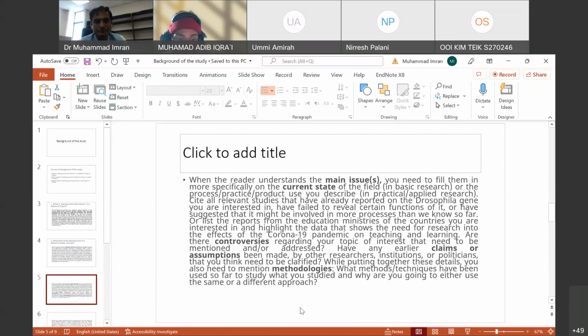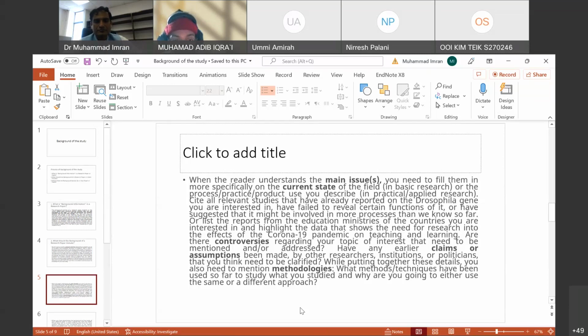Cite all relevant studies that have already reported on the Drosophila gene you are interested in, have failed to reveal certain functions of it, or have suggested that it might be involved in more processes than we know so far, or list the reports from the education ministries of the countries you are interested in and highlight the data that shows the need for research into the effects of the COVID-19 pandemic on teaching and learning.